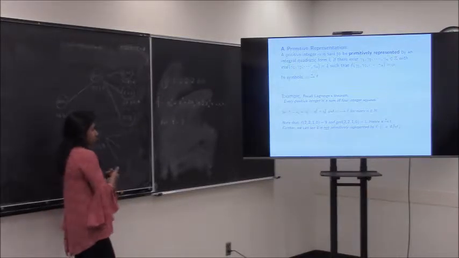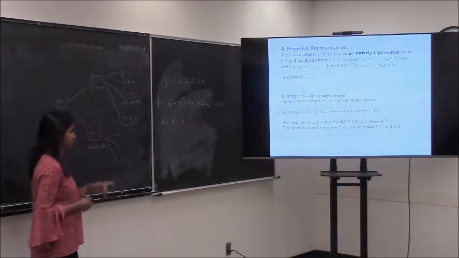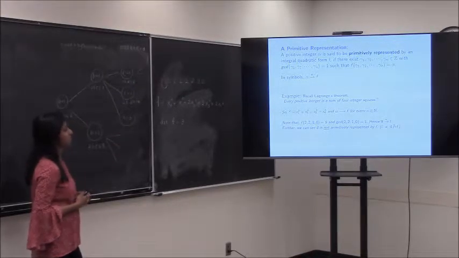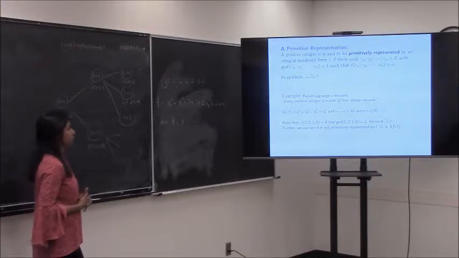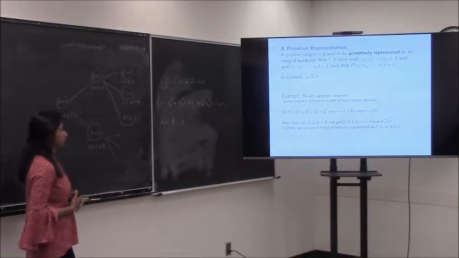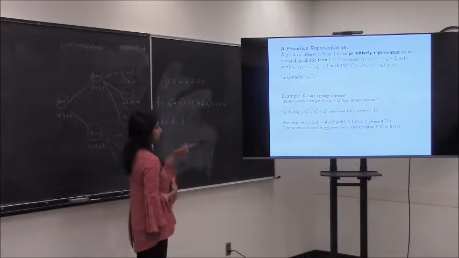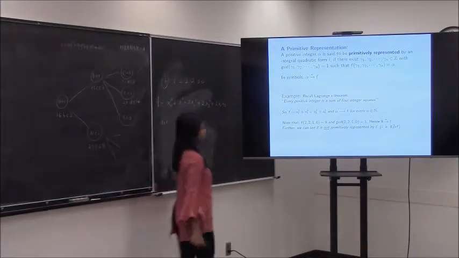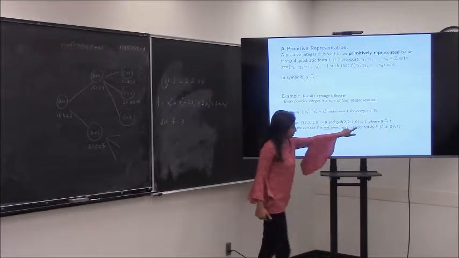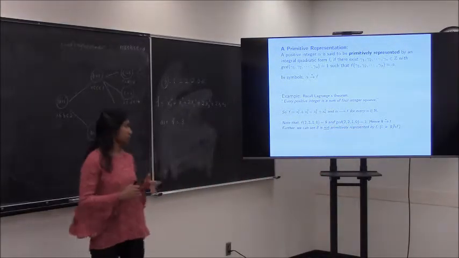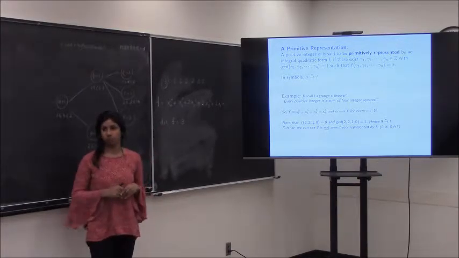So again, I'm going to use Lagrange's theorem, Lagrange's quadratic form, the sum of four squares. So we saw that when we have f of 2, 2, 1 and 0, it is equal to 9, and also the GCD of these numbers equals 1. So this means 9 is primitively represented by this quadratic form.